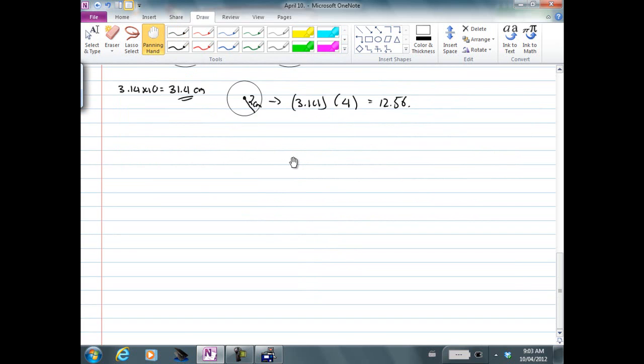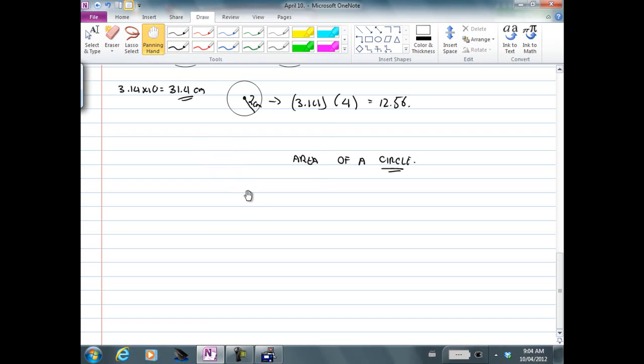Next one. Area of a circle. Oh, by the way, you have to memorize these formulas on your own, because in grade 9 and forward, there's no formula sheets. Area of a circle. What if I give you this?